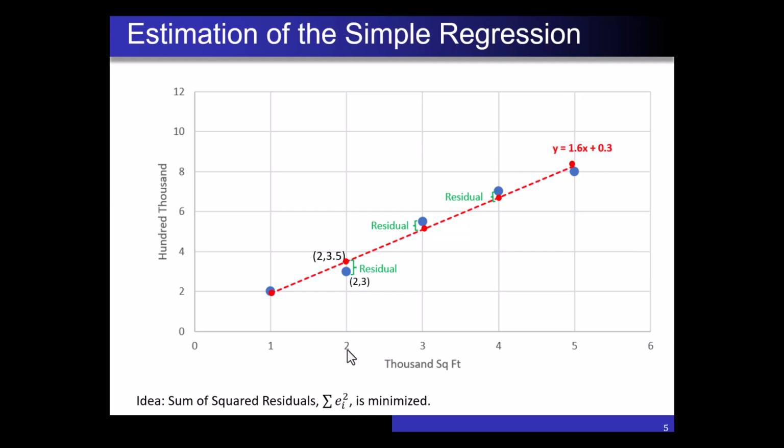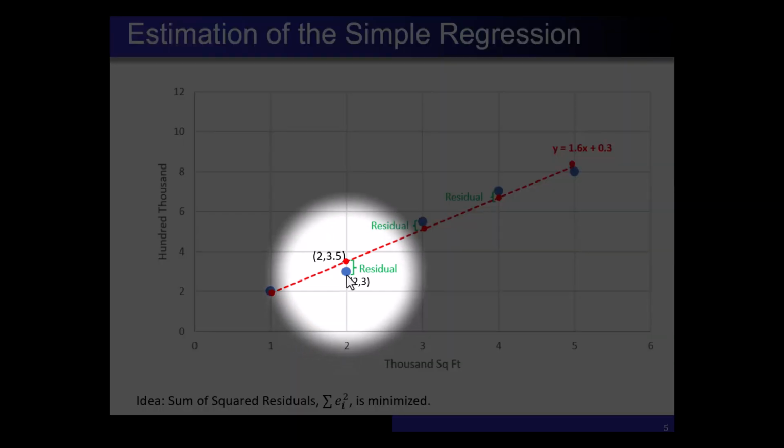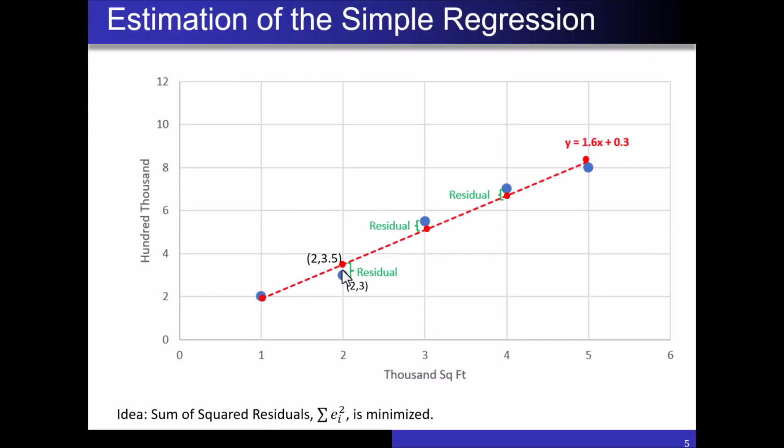For example, when x is 2, the observed value of y is 3, but my line estimates it as 3.5. So that's 3.5 minus 3, which is a 0.5 residual, a kind of error. That residual is negative here, and positive here. So what we do is we take the square of the residuals, sum them up, and find the line which has the minimum summation of these squared residuals.